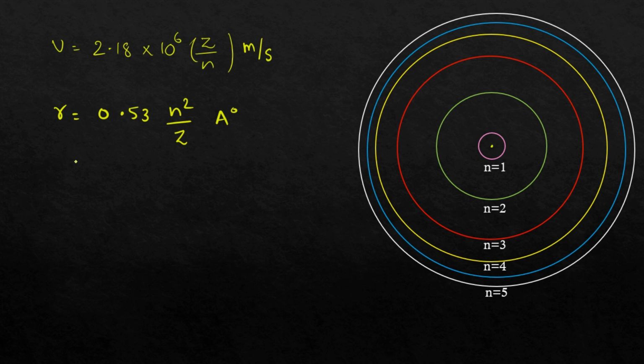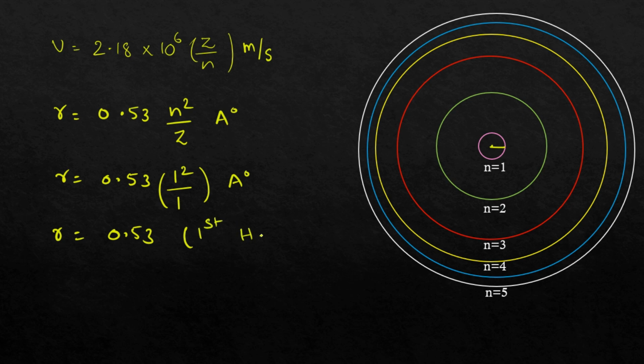For the first orbit, from nucleus to first orbit, r is equal to 0.53 into n, which is 1 for the first orbit, divided by z, which is 1 for the hydrogen atom, so you will get r is equal to 0.53 for the first orbit of hydrogen atom.